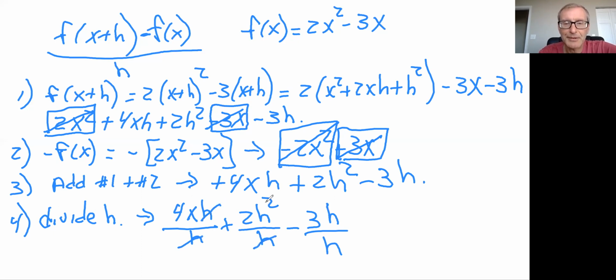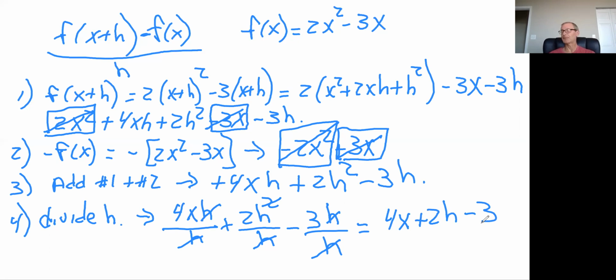This h only gets rid of one of the h's on the top of 2h squared, so we still have 2h on the top there. And this h and this h go away. And so you'll see that when you do all these problems, all the h's in the denominator will cancel out. And so what you end up with is 4x plus 2h minus 3. So that would be the answer of the difference quotient.